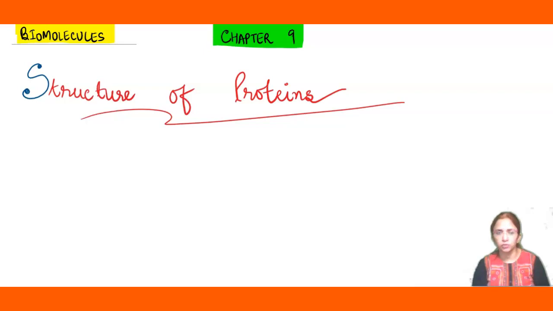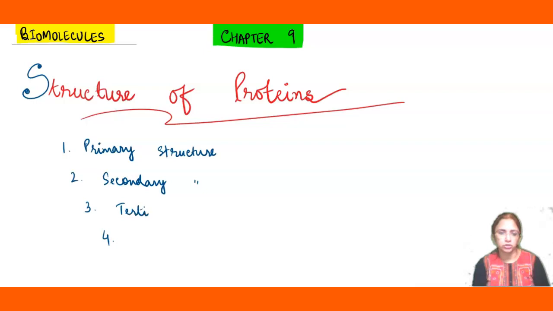In this video, we will talk about the structure of proteins, and to begin with, there are four possible structures of a protein and their names are primary structure, then secondary structure, third one is tertiary structure, and fourth one is quaternary structure.